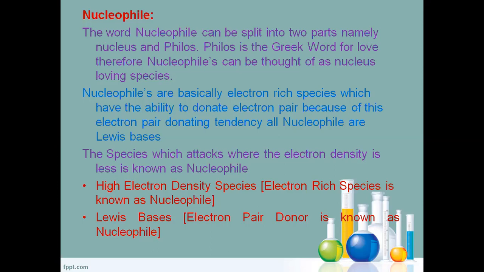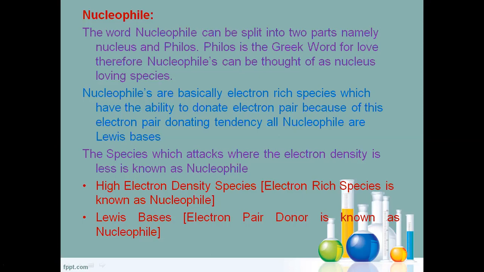Here the nucleophile has the tendency to donate electrons, so it is a Lewis base. The species which attacks where the electron density is less is known as a nucleophile.